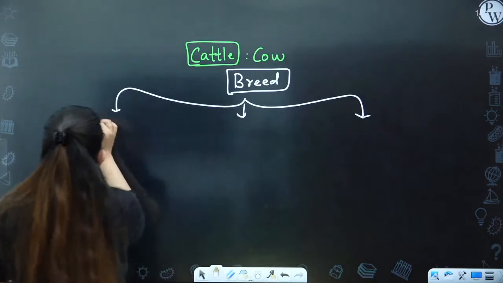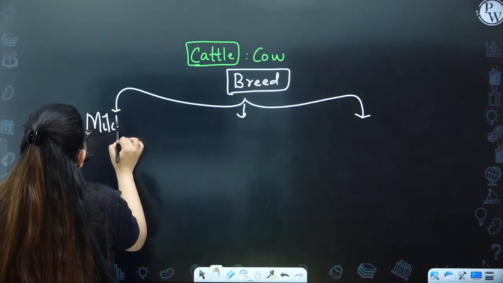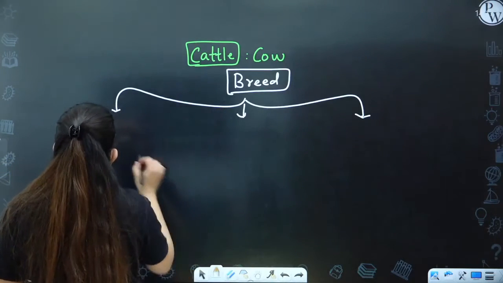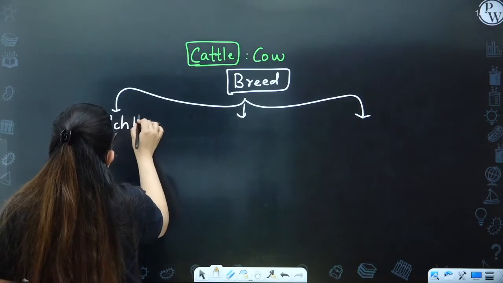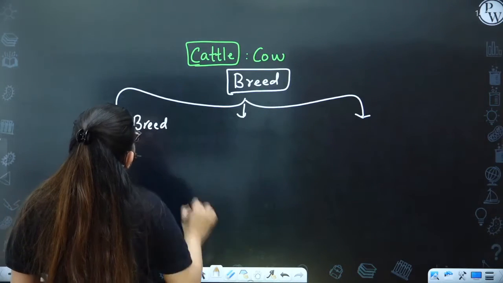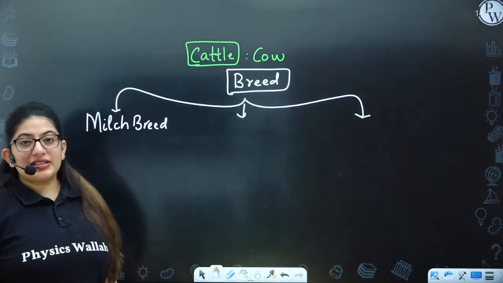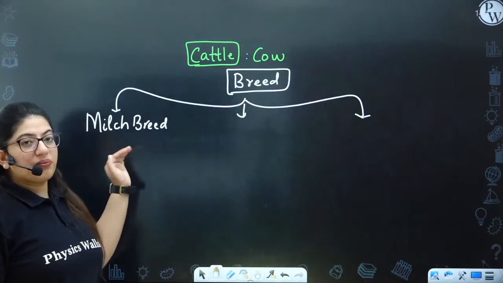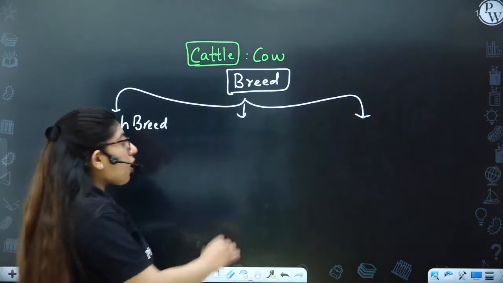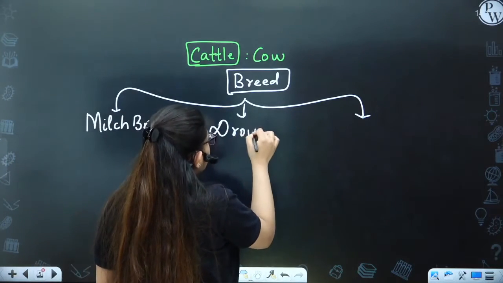The first one is the milch breed. The second is the draught breed.